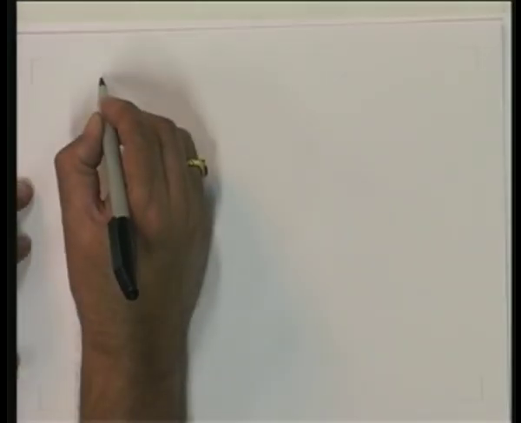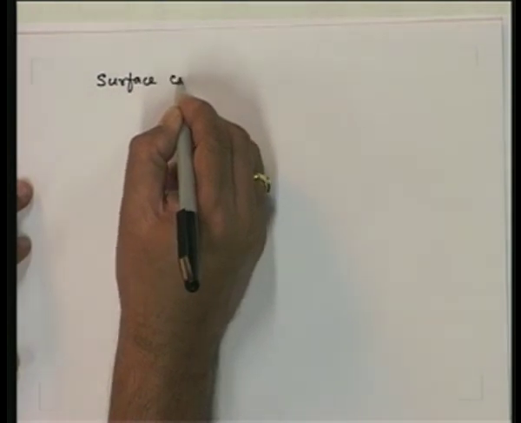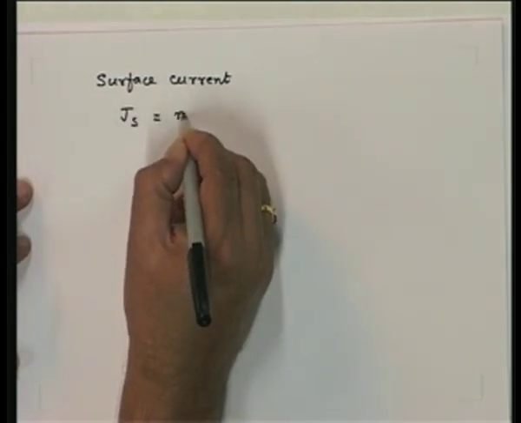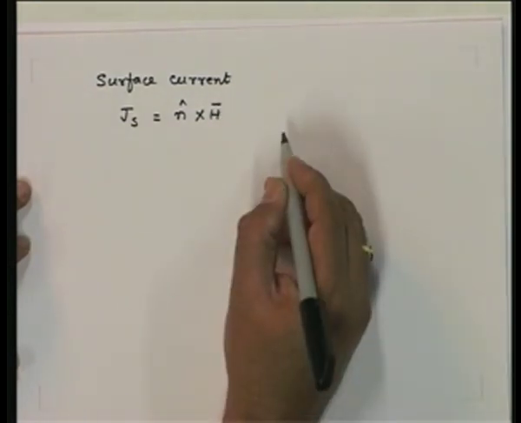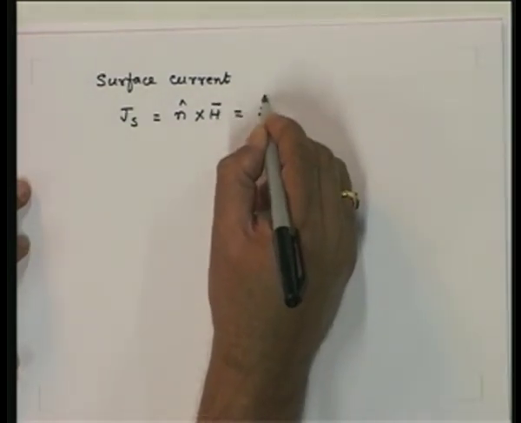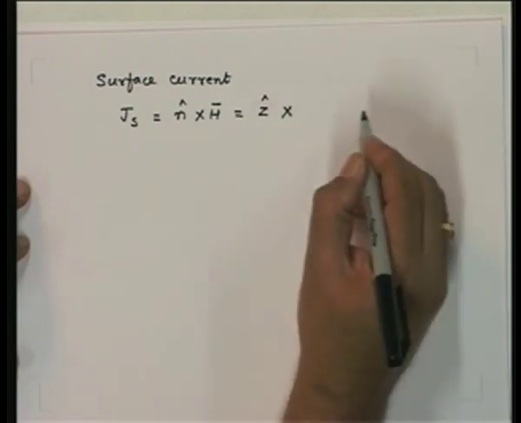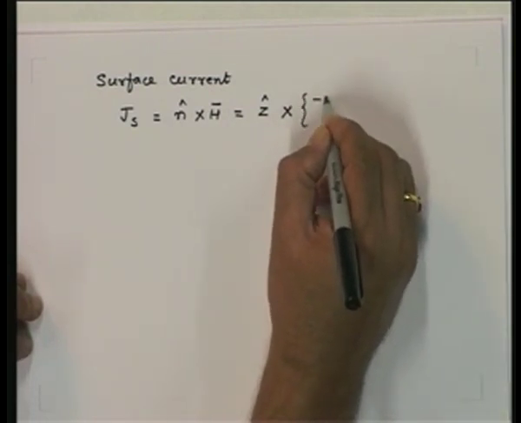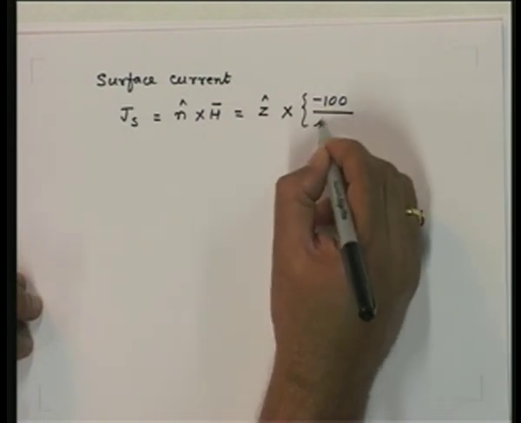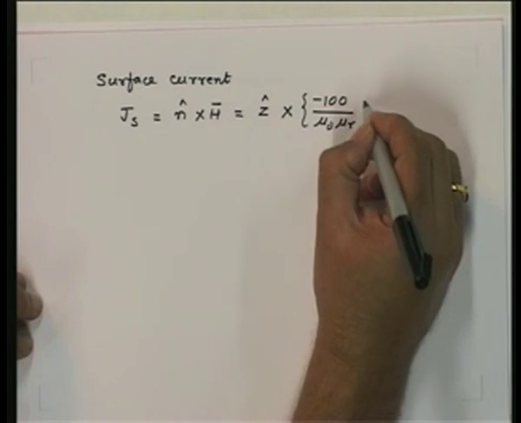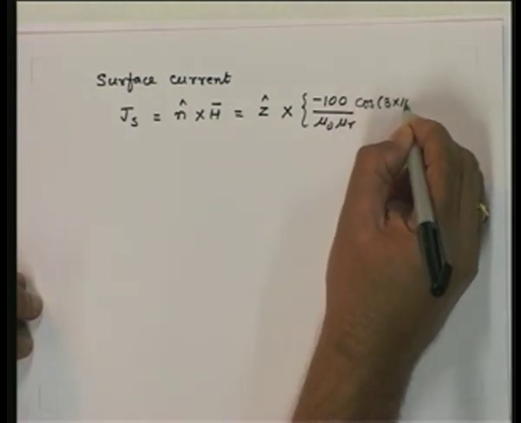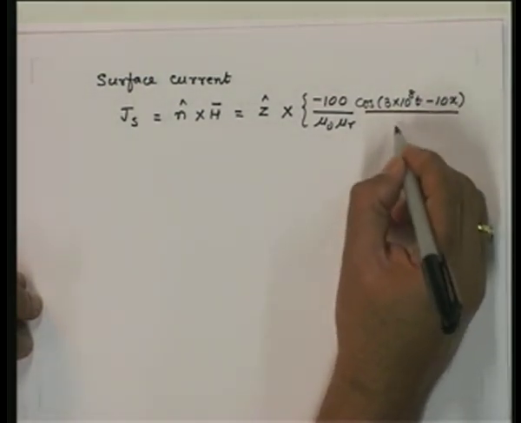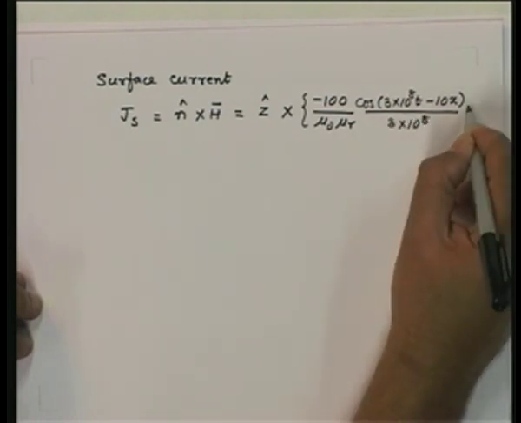So, from here we can get the surface current Js, that is n cross h, that is equal to z cross the y component of the magnetic field, which is minus 100 upon mu 0 mu r cosine of (3 into 10 to the power 8 t minus 10x) divided by 3 into 10 to the power 8, y.